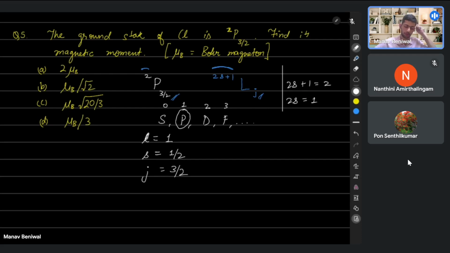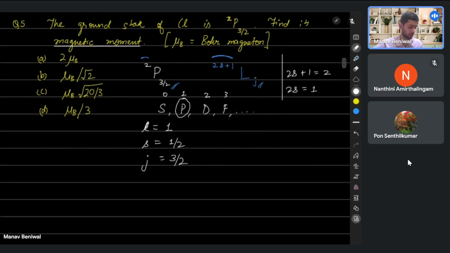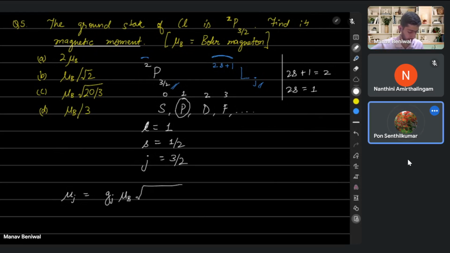Now what does the question ask? The question asks us to find the magnetic moment. Now how do you define magnetic moment? This was discussed in the class, and you have a formula for this. Let me write the formula. Magnetic moment mu j is given by gj times mu b, which is Bohr magneton, and under root j times j plus 1.